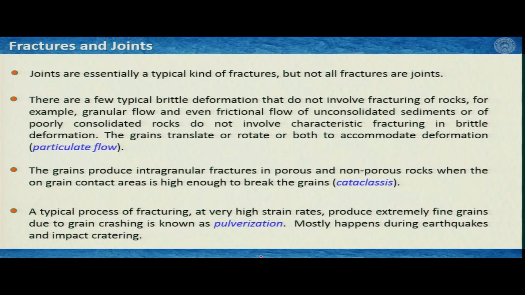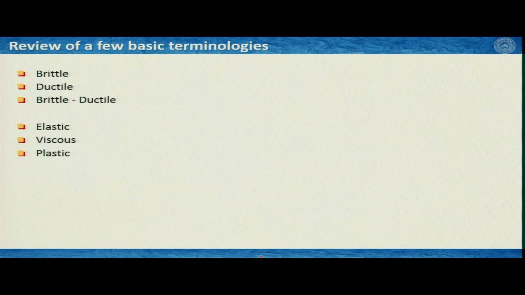This process is known as pulverization. You can imagine this can happen mostly when you have an earthquake or an impact cratering on the surface. So, let us review some of the basic terminologies that we have learned in the previous lectures.